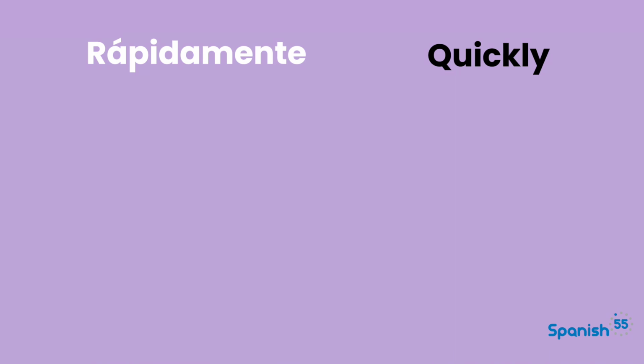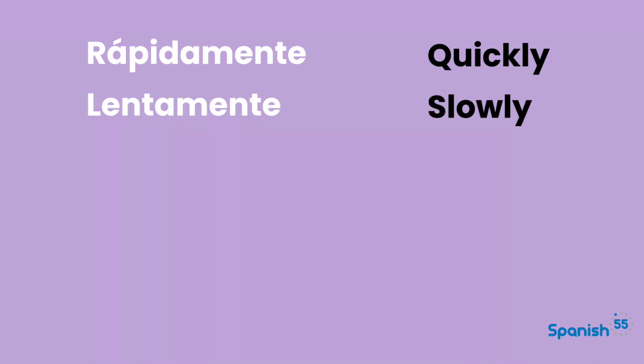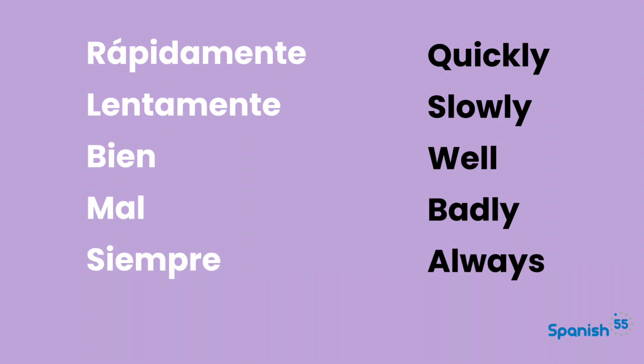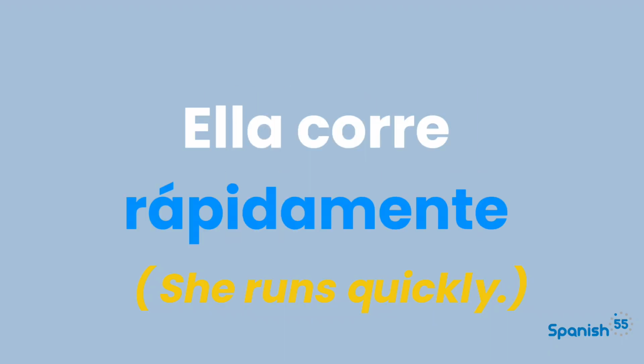Now let's take a look at some of the most common adverbs that you'll hear all the time in Spanish. Rápidamente, lentamente, bien, mal, siempre, nunca, ayer, hoy, aquí, allá. Now let's put them in some sentences. Ella corre rápidamente.